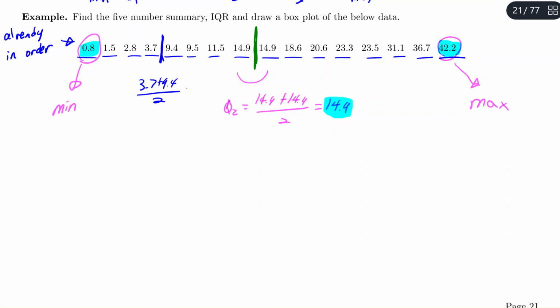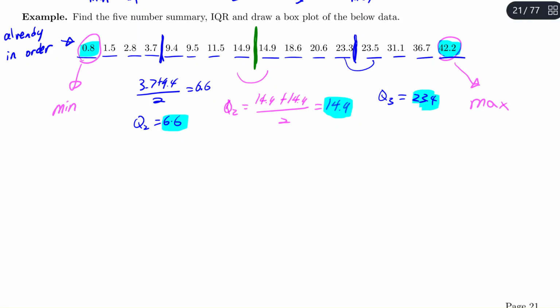That gives us 6.6. So Q1 is 6.6. And lastly, Q3 right here. Add these two numbers, divide by 2, and you get 23.4. So that is Q3.